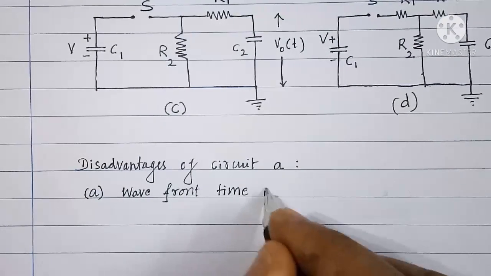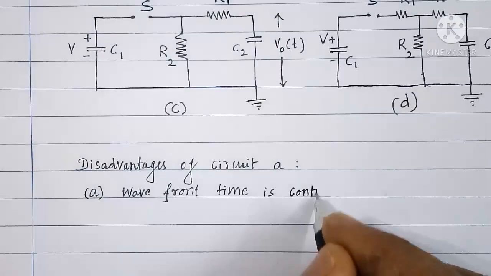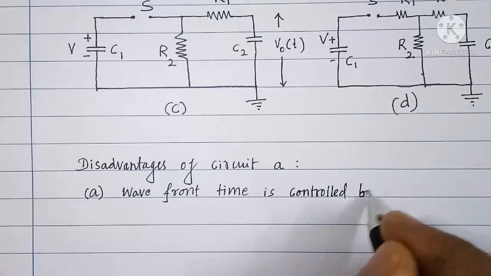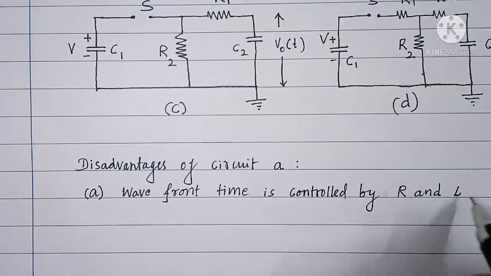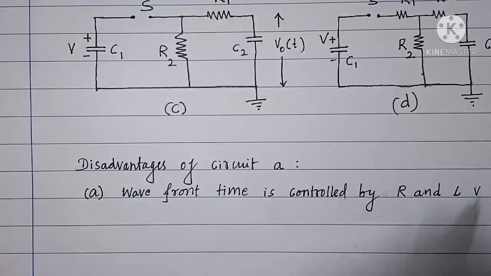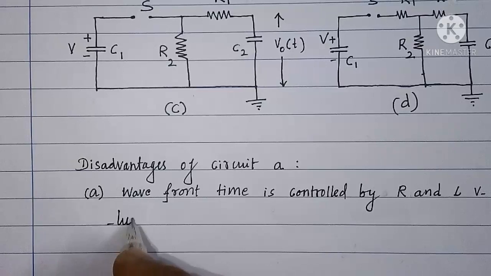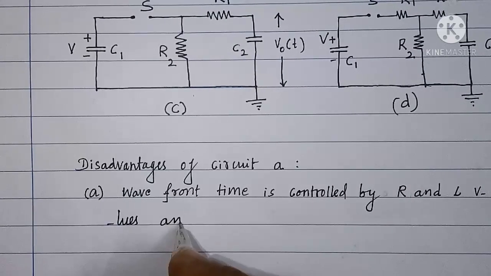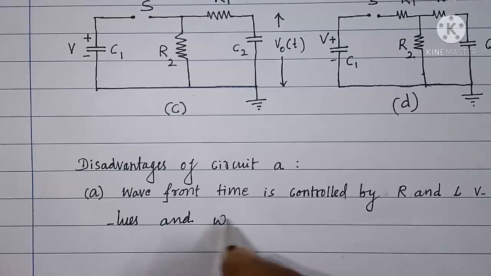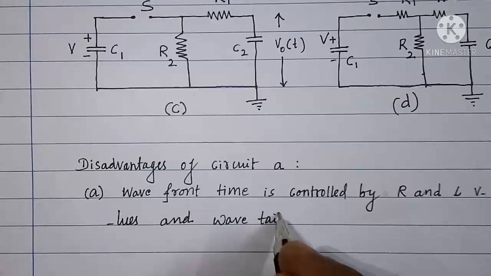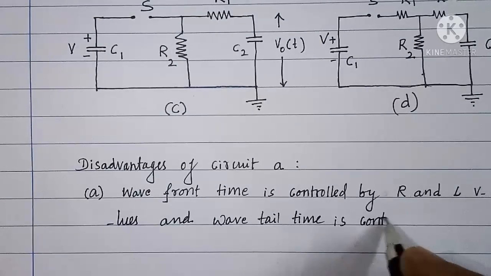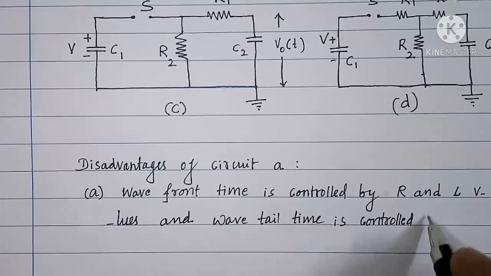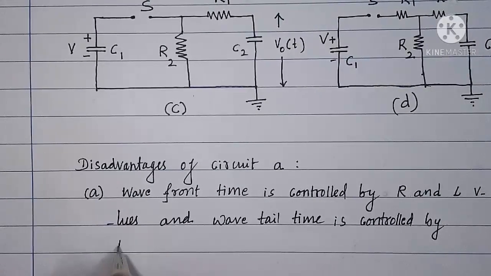Wavefront time is controlled by R and L values, and wave tail time is controlled by R value only.